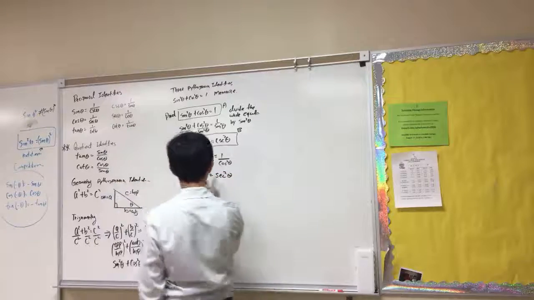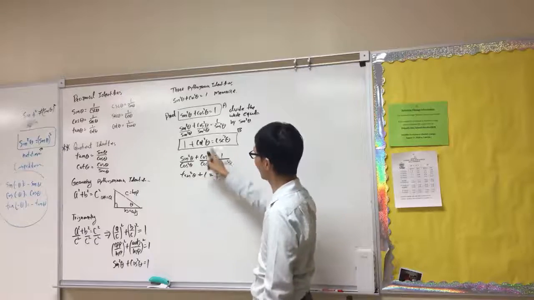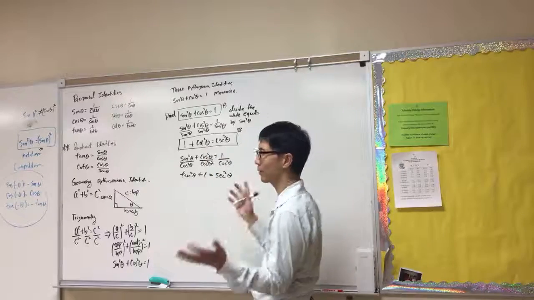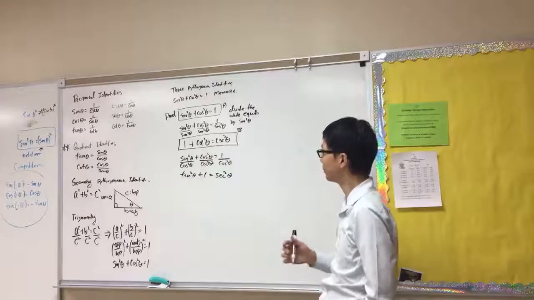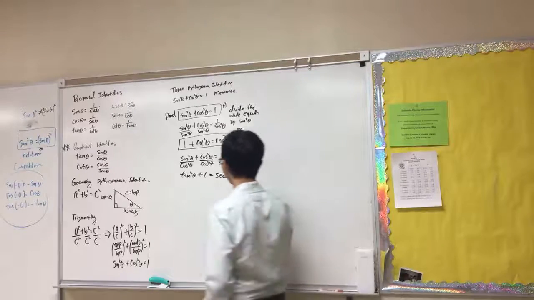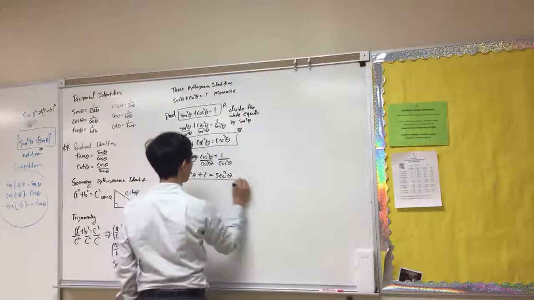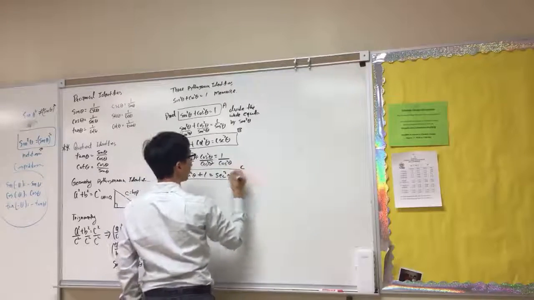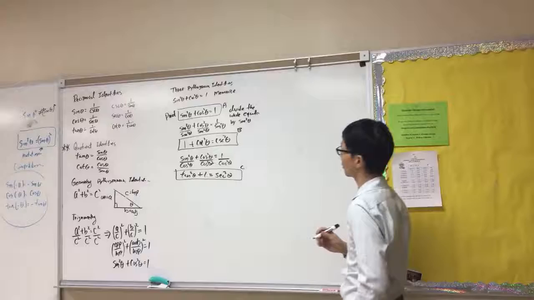You're going to see this relationship a lot in derivatives too. Cotangent and cosecant, they always come in, you know, one to the other one. It's very interesting. So that was the second one. So we're going to call that equation C for Pythagorean identity.